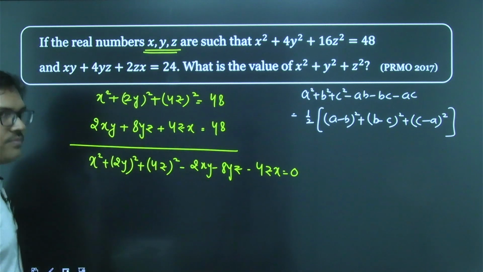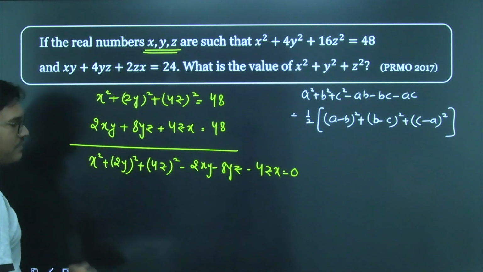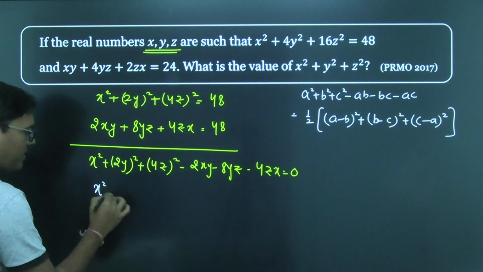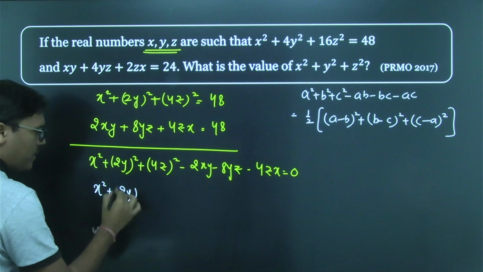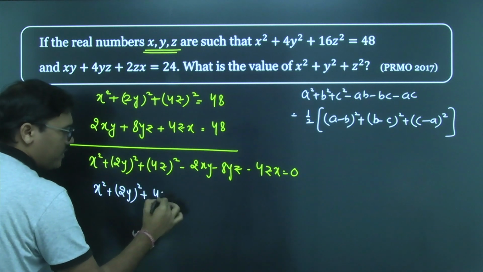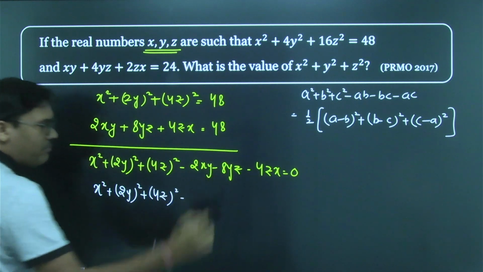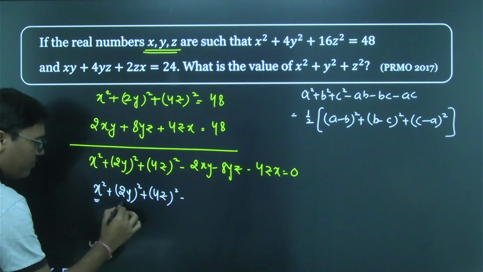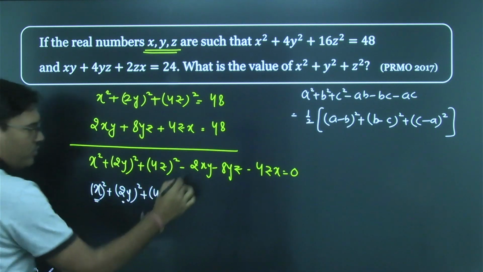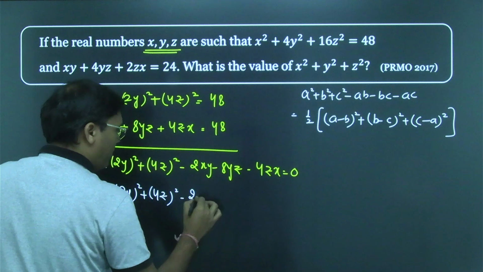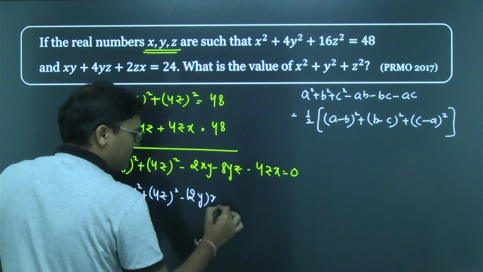So just see this expression, this is a square plus b square plus c square minus a into b. You can see this is a into b, this is 2y into x.